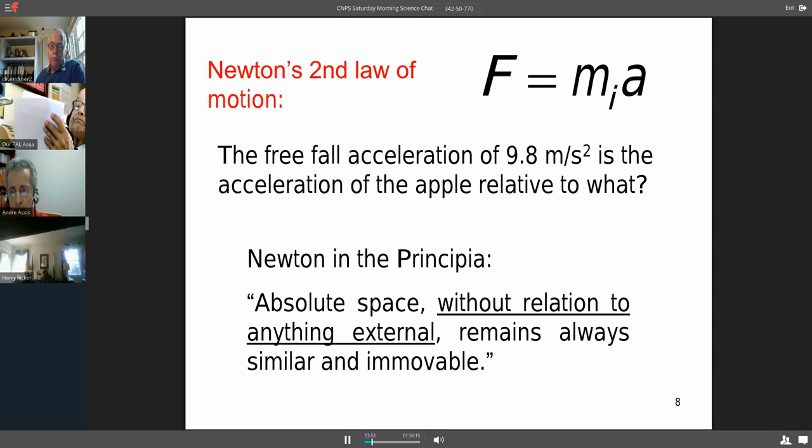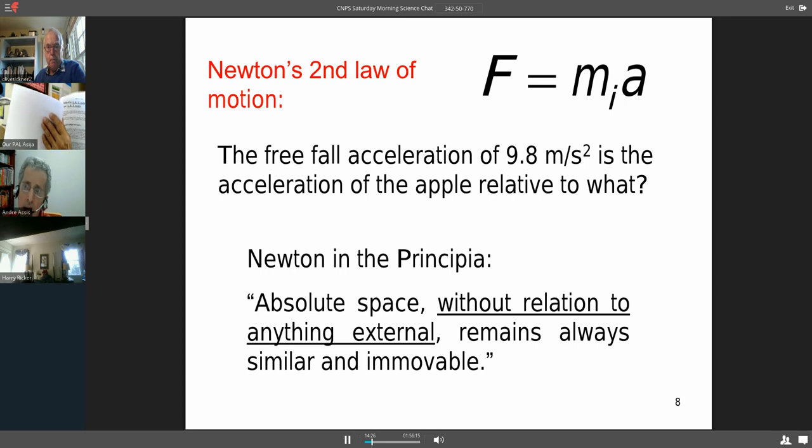In his words in the Principia: "Absolute space, without relation to anything external, remains always similar and immovable." So it's not the acceleration of the apple relative to the ground. Why not? Well, Newton utilized the same second law of motion to study, for instance, the orbit of the Earth around the Sun. The Earth is not moving relative to itself.